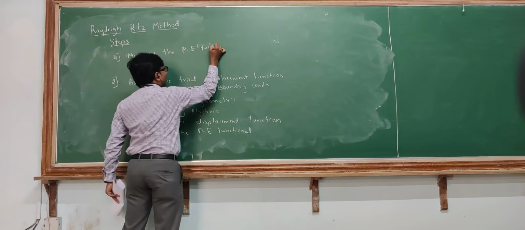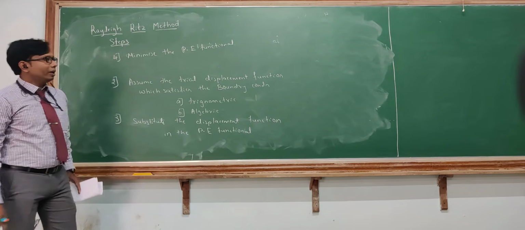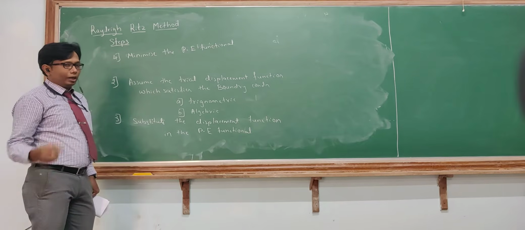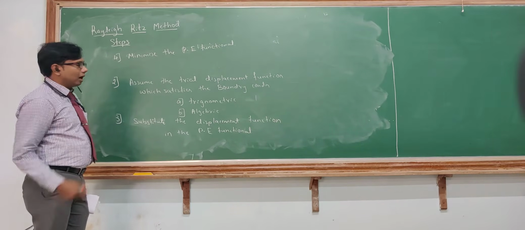How to minimize it? We have done it in the last class. However many unknown variables there are, we will differentiate partially with respect to each individual unknown parameter and equate it to 0. If I minimize that, I can easily get the values of the unknown parameters.